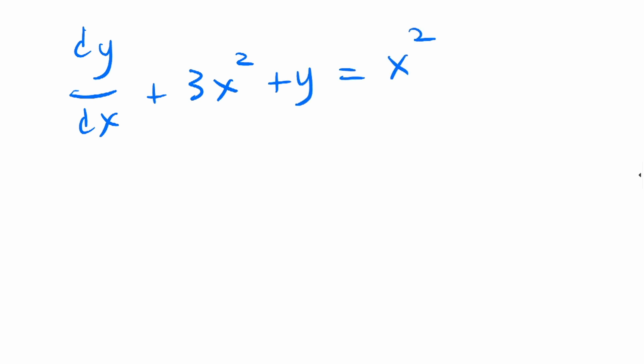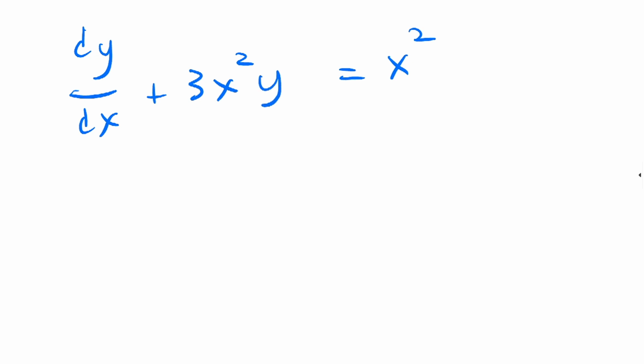So here's another problem. If we have dy dx, plus 3x squared, and we're going to set that equal to x squared. Oh sorry, it's not plus y, it's multiplied by y.